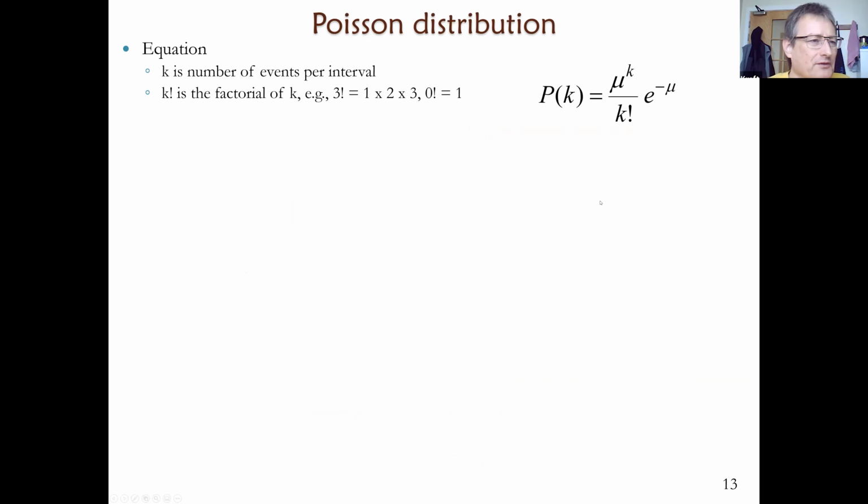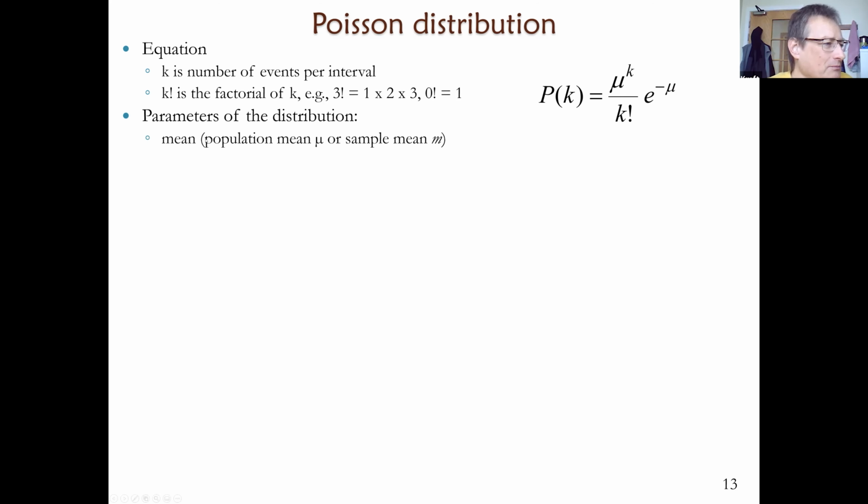Just to show you briefly the equation of the Poisson distribution. What's more important is to think about what the shapes actually look like, which I'll show in a second. The Poisson distribution has only one parameter, which is this mu here, the mean. K is a number of events, so that's not a parameter of the distribution.